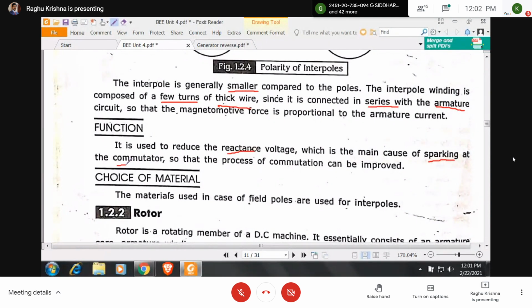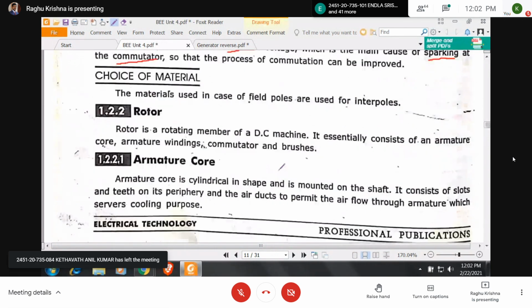In order to reduce the sparking at the commutator, we are going to use the interpoles. So interpoles are used to reduce the sparking at the commutator by reducing the reactance voltage.